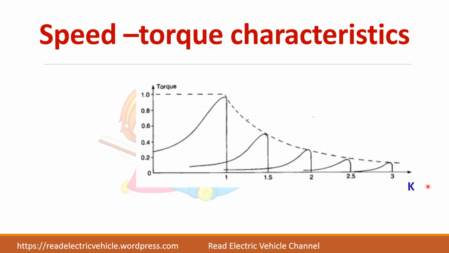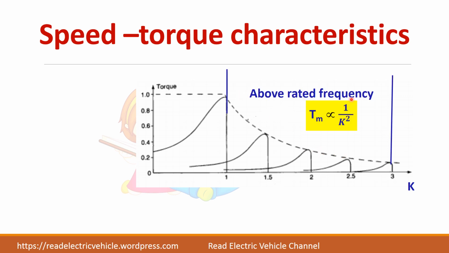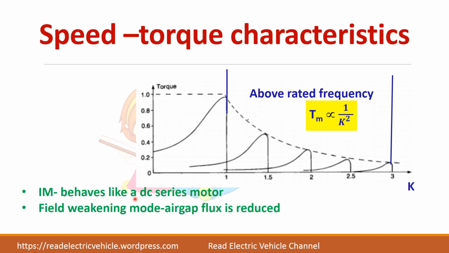But if you keep on increasing the frequency, your maximum torque level is getting decreased. So above rated frequency, Tm is getting decreased. In this stator frequency control, the induction motor behaves like a DC series motor, and it operates in flux weakening mode. So the air gap flux is reduced because we are increasing the frequency, flux is reduced, so torque is reduced.